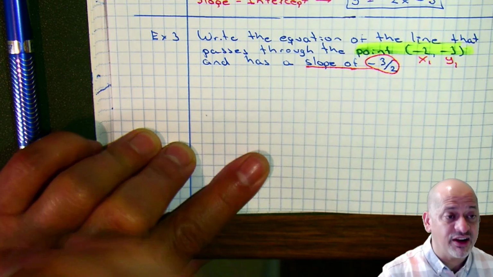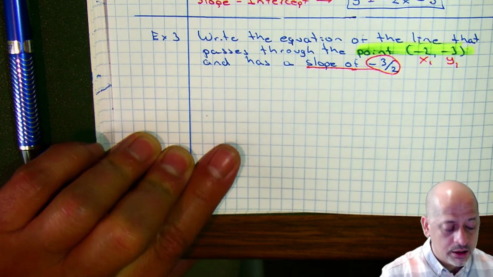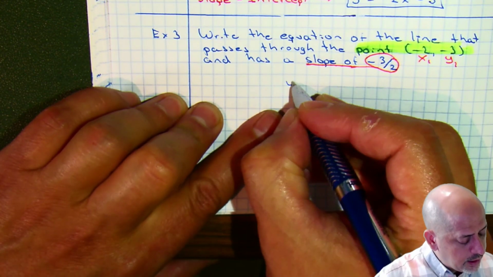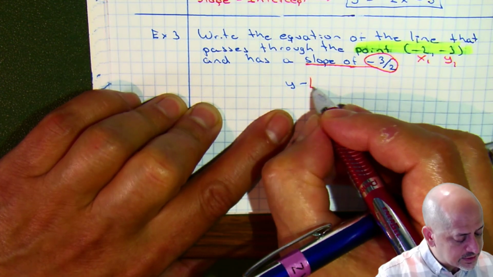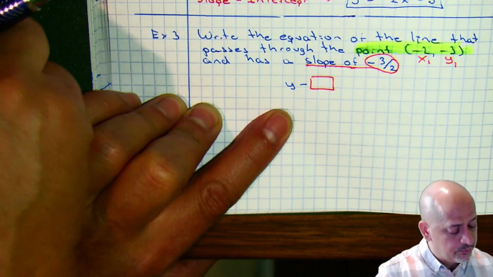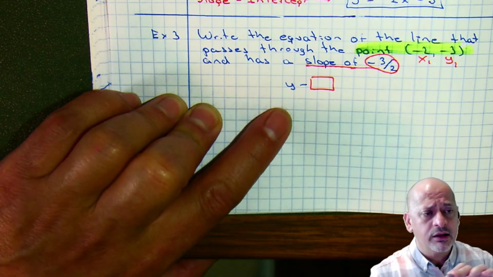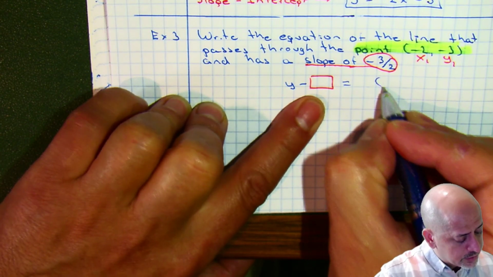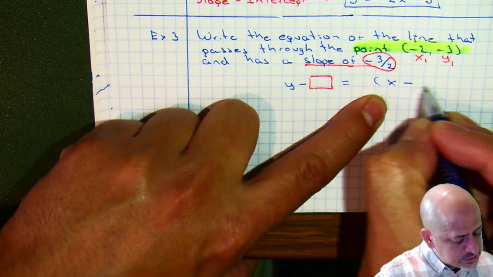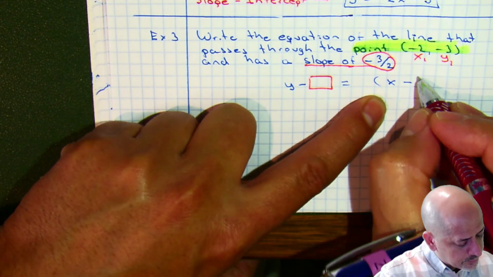I know that's my value of m. And now, y minus, and then I'll place my box to remind me that that is the value that I need to plug in. If you want to place a red underline instead, that'll be fine. My slope, then we have x minus, and then my box.